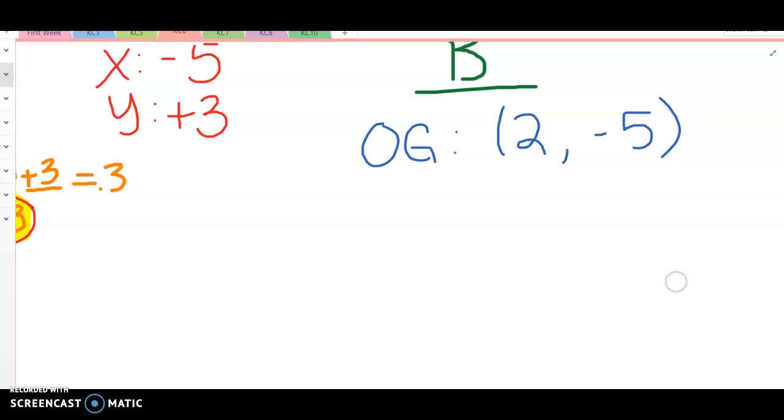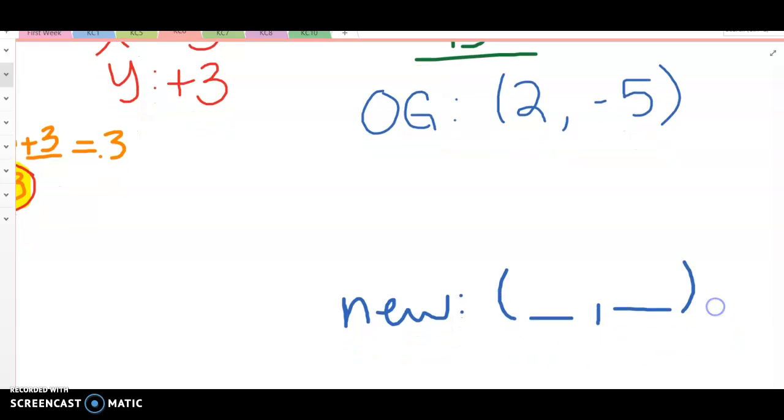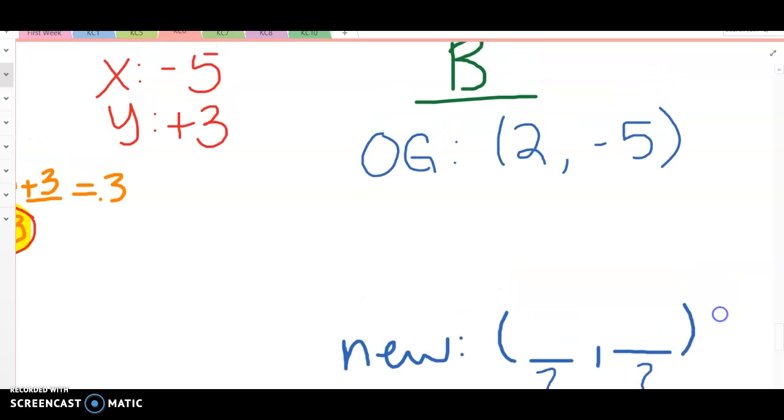What we're trying to figure out is what the new one is, right? That's our goal. We're trying to figure out what is the new location. Well, we have to use the same path that the other one took. So the x has to move the same number of steps, and the y has to move the same number of steps.